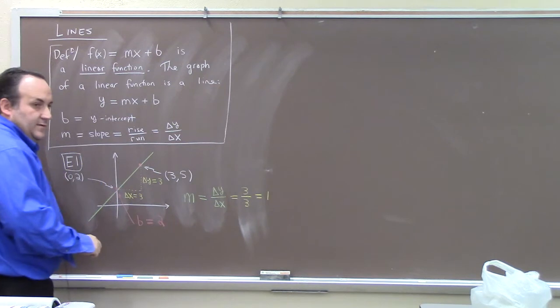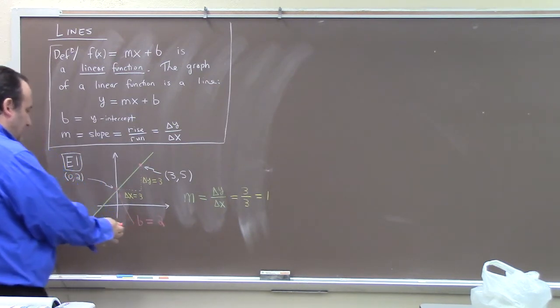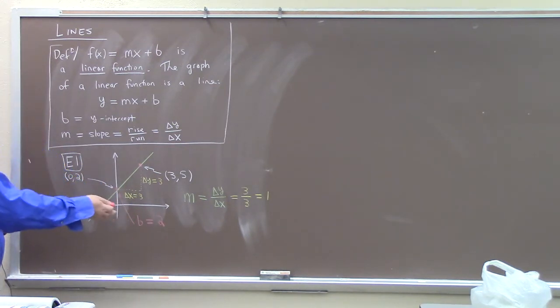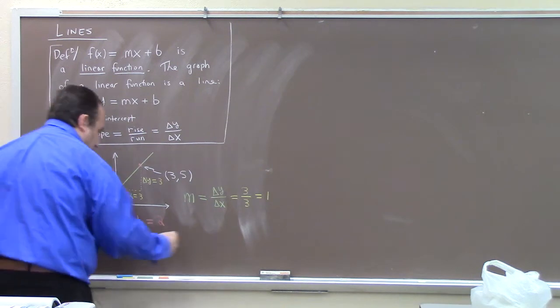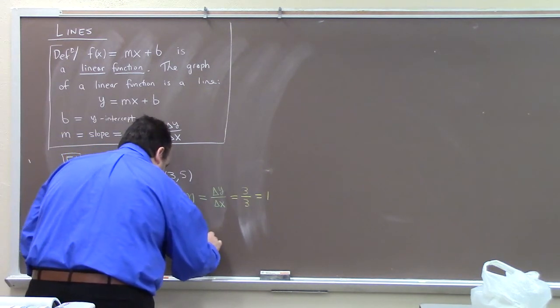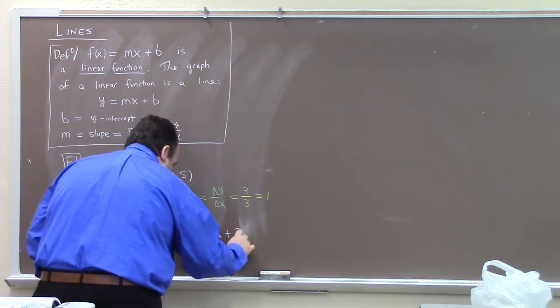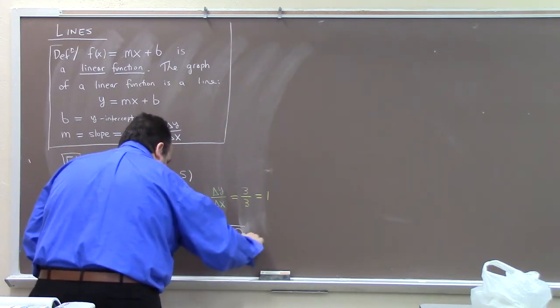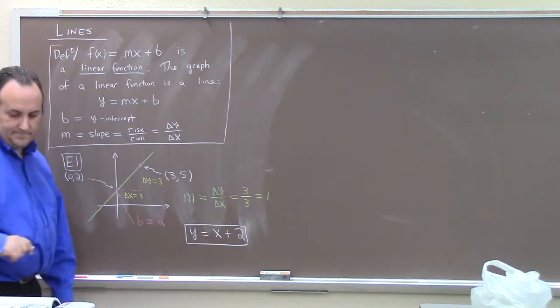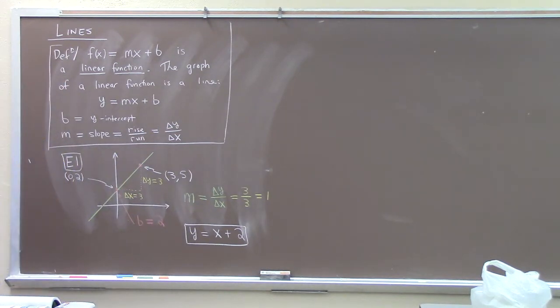So we've got y-intercept of 2, slope 1, what's the equation of the line? y is equal to 1 times x, which is x, plus 2. There you go. That's the equation of this line. So our first order of business is how do we find the equation of a line if we're given 2 points, right? Let's work another example.